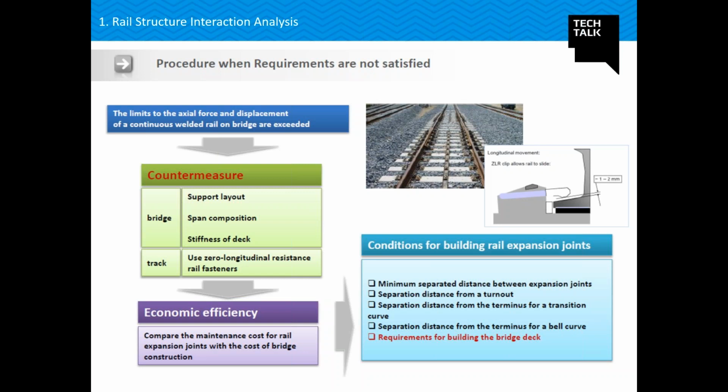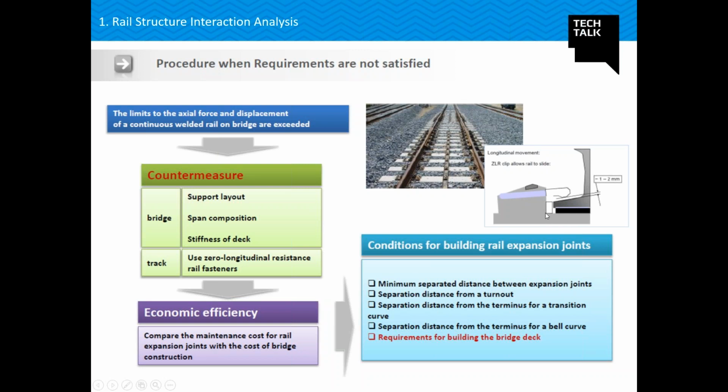And if all these three approaches do not satisfy, then we try to go for zero longitudinal resistance rail fasteners. Here, the longitudinal resistance is made zero. The arrangement is somewhat like this. No resistance is provided at this location, so my rail is free to move here.